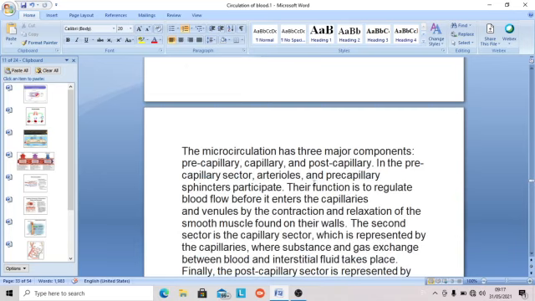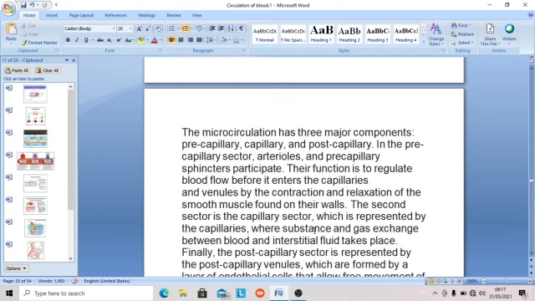The precapillary sector, arterioles and precapillary sphincters, participate. The function is to regulate the blood flow before it enters the capillaries and venules by contraction and relaxation of the smooth muscle found on their walls. Smooth muscles are there on the precapillary sphincters and arterioles. And the exchange of substances or gases takes place in the capillaries, with the interstitial fluids.